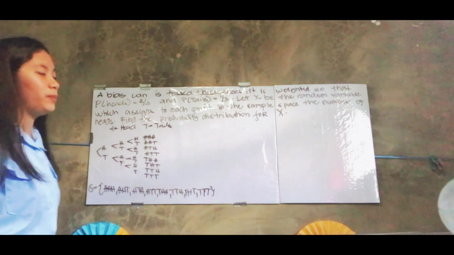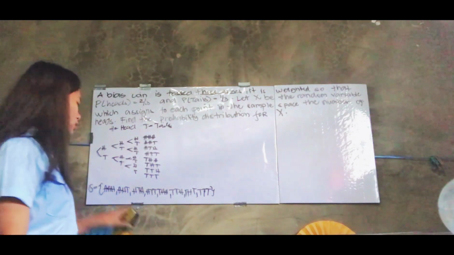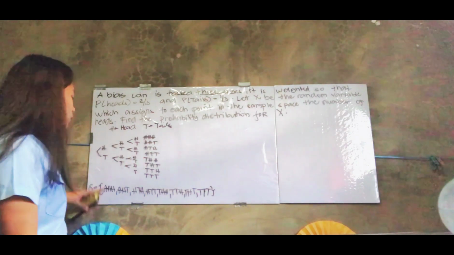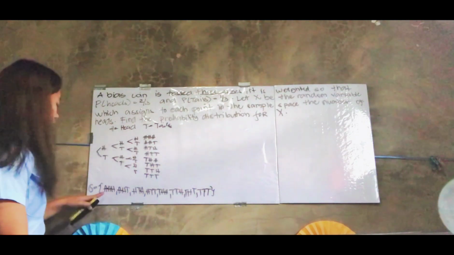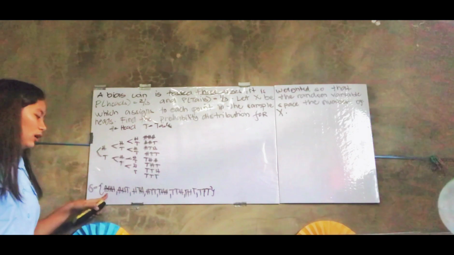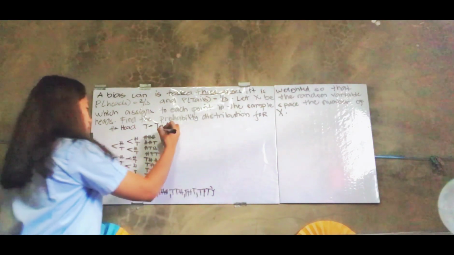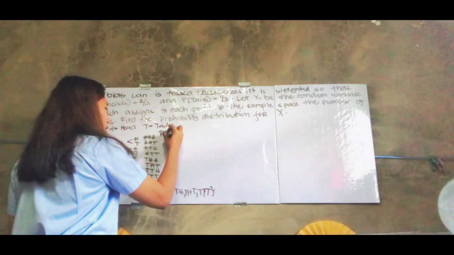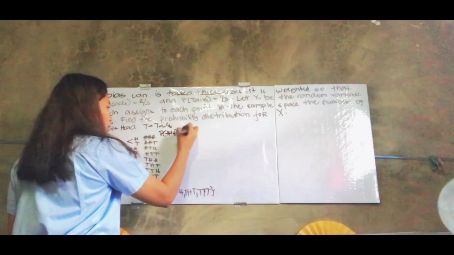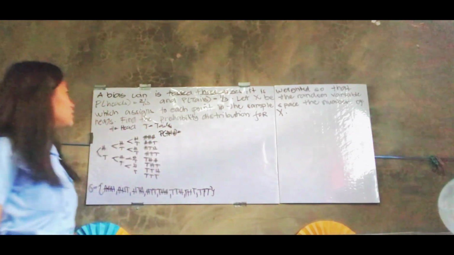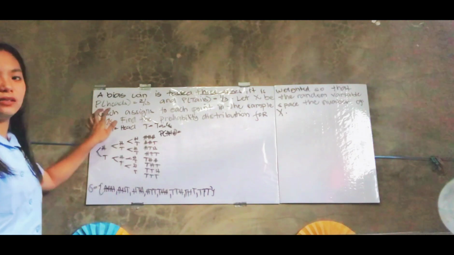So, to find the probability of each outcome, we need to multiply the outcomes per toss. For the probability of HHH, the probability of head is equal to 2/3.